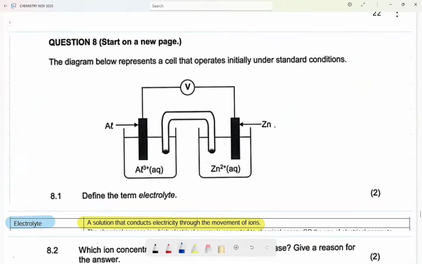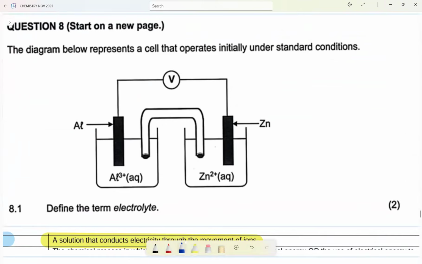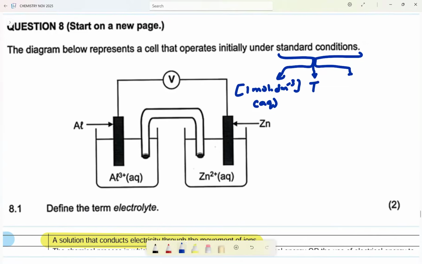People, when they hear standard condition, they think of STP. No, standard conditions now means three things. Concentration of 1 mole per decimeter cubed in aqueous solutions. And then it means the temperature of 25 degrees Celsius or 298 Kelvin, and 1 atmospheric pressure, which is 101.3 kPa, but this one needs to be gases.